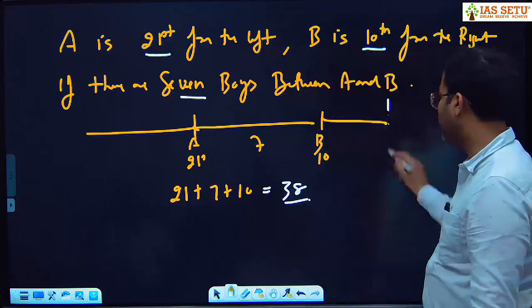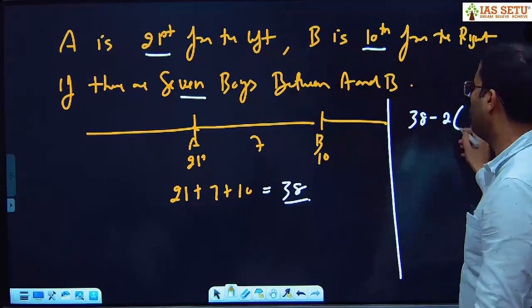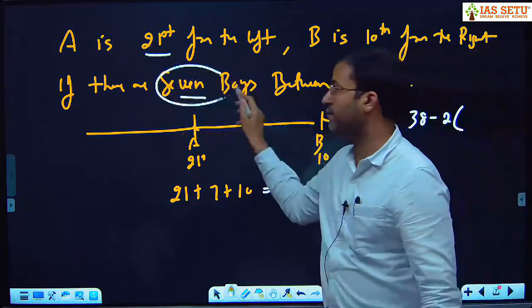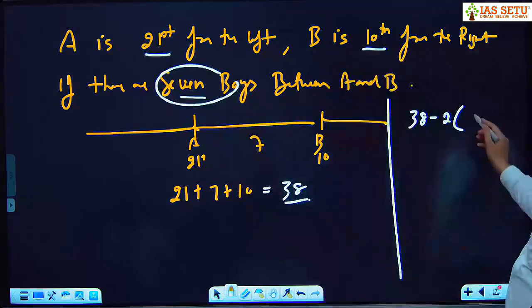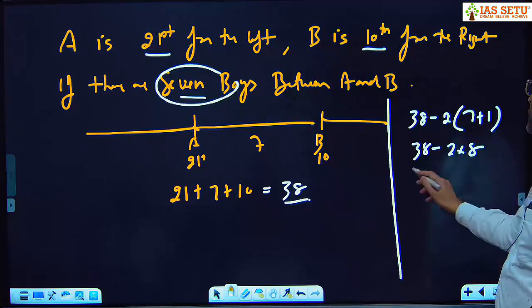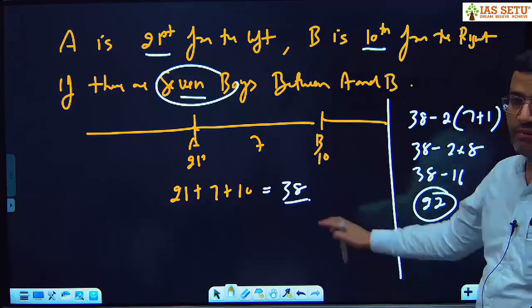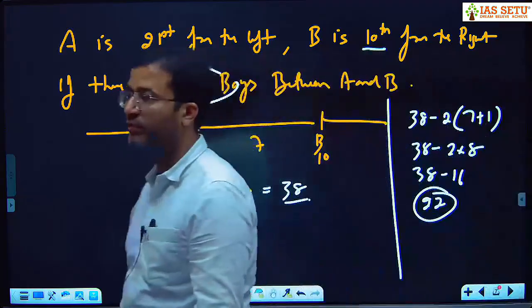For finding minimum, shortcut: 38 - 2. What are the common persons? 7 boys. 7 + 1. This is 38 - 2 × 8. 38 - 16, 22. Maximum 38, minimum 22.